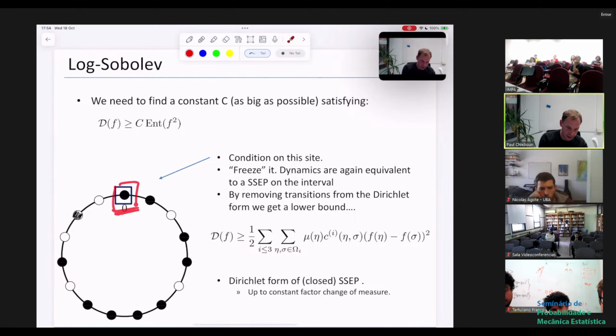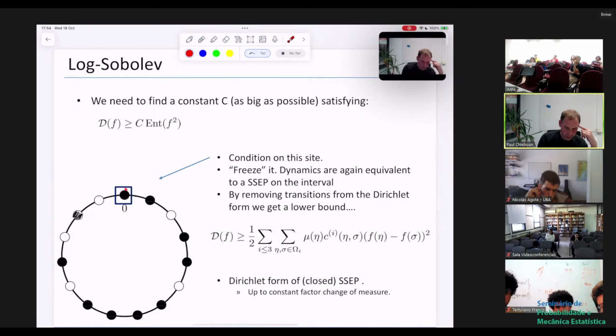Say site 0 is occupied. Then from the Dirichlet form, just remove the transitions that involve this particle at site 0 moving. So I lower bound the Dirichlet form in terms of the Dirichlet form where all these jumps are removed.